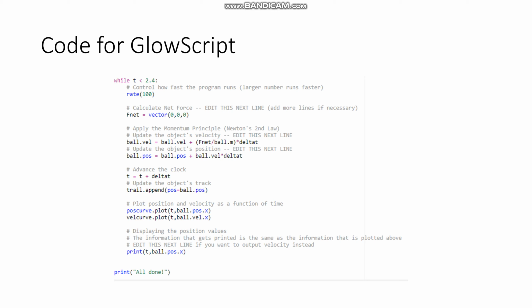Then we update our velocity by ball.vel equal to ball.vel plus f net divided by ball.m times delta t. We do the exact same thing for position, updating ball.pos equal to ball.pos plus the previously found velocity times the change in time. Then we advance the time by t equal to t plus delta t, and continue doing that.